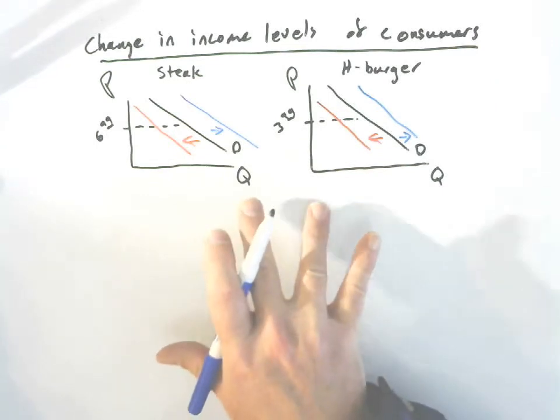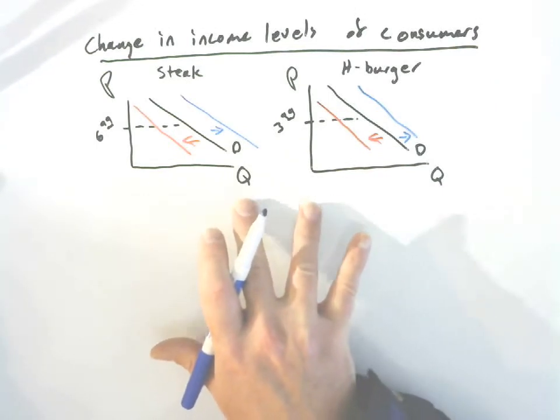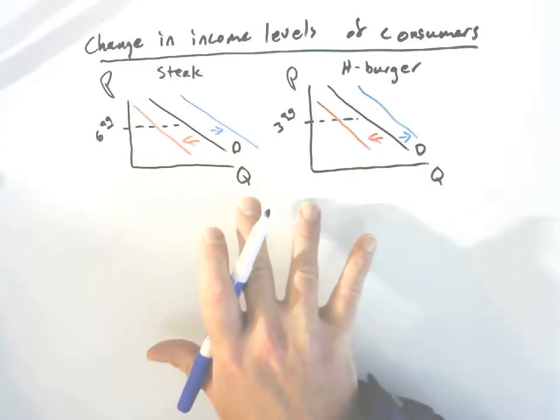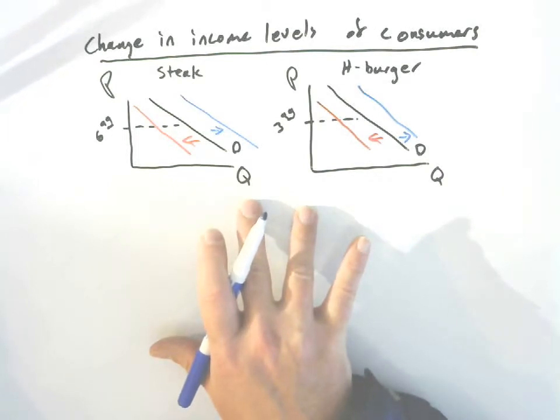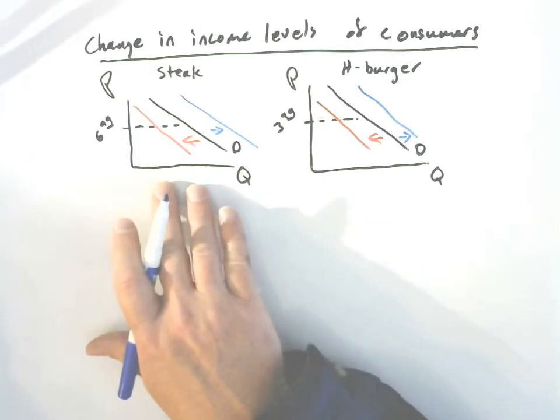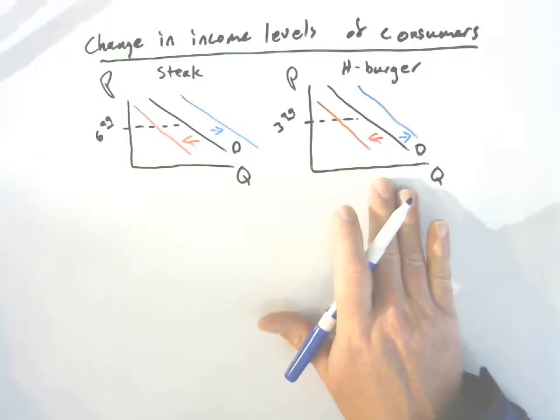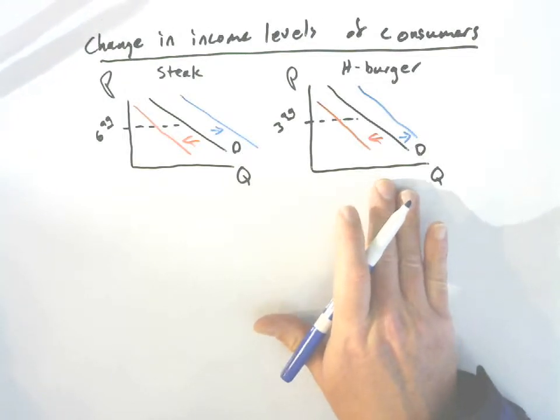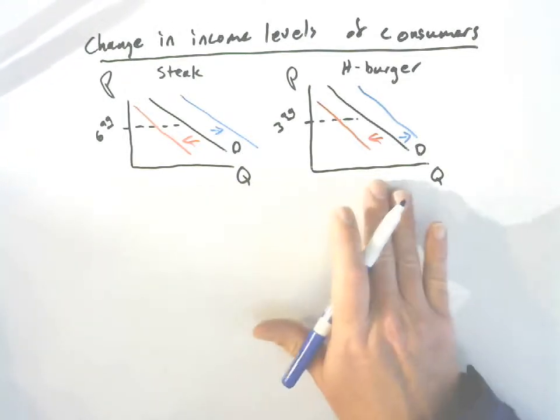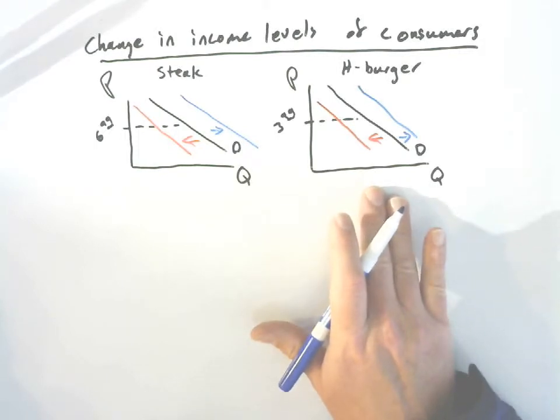Obviously two completely different dynamics, even though the change in the income level was the same. Incomes rise, the demand for steak rises, but the demand for hamburger meat falls. Incomes fall, the demand for steak falls, but the demand for hamburger meat rises.